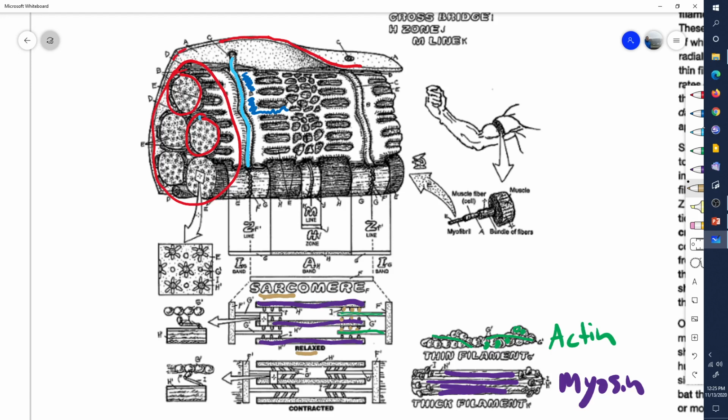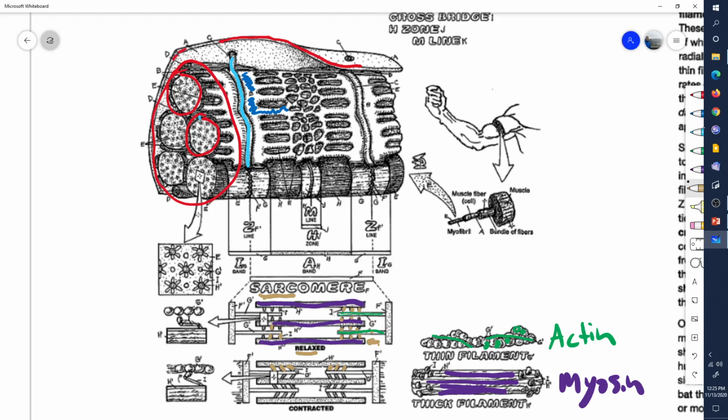Watch what happens when a muscle contracts. These cross bridges that are in sort of a neutral position, watch what they do. They slant inward, from straight to slanting inward. When they slant inward, you can see what happens. They bring the actin filaments in this direction.